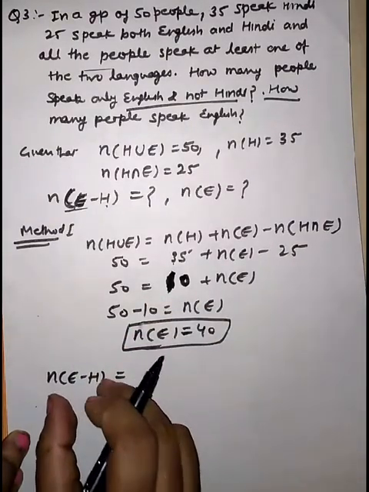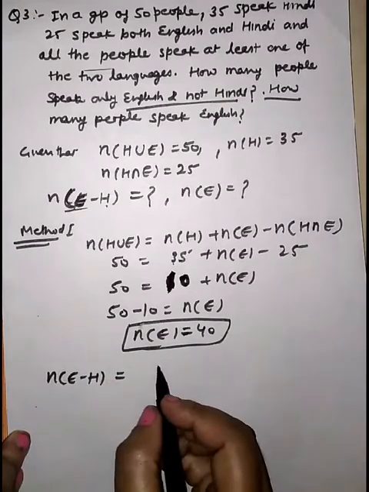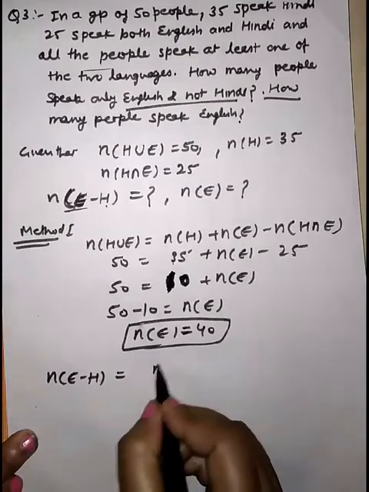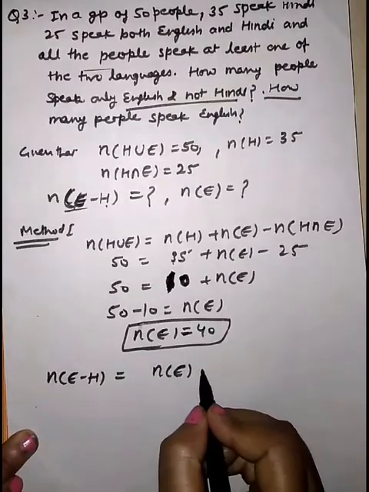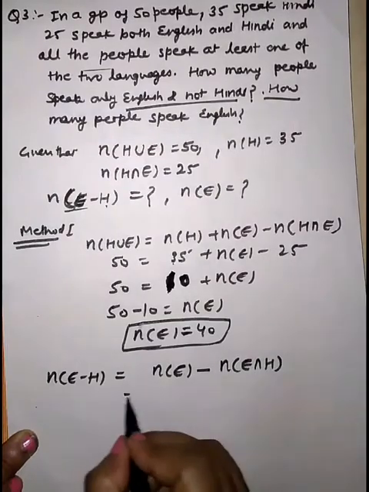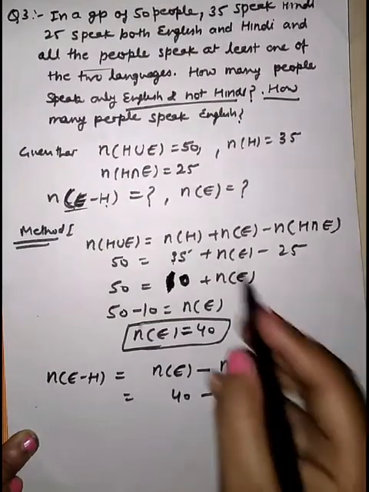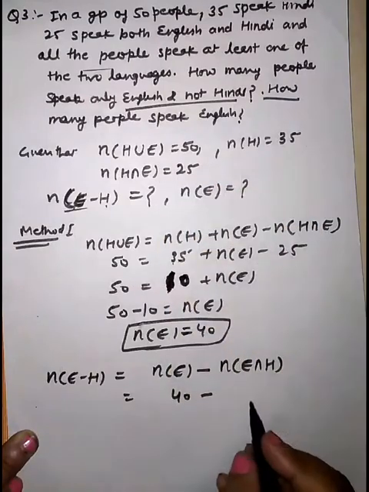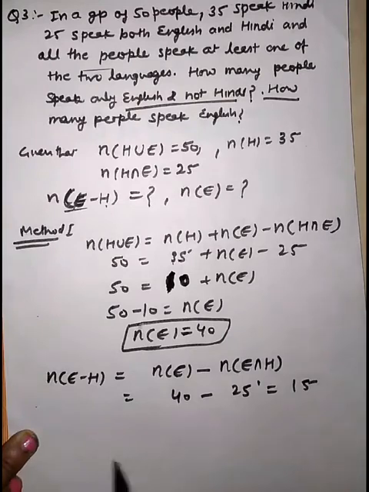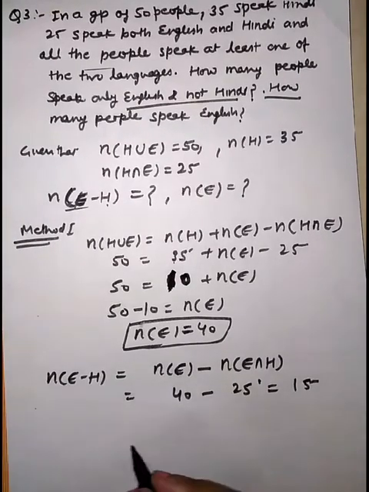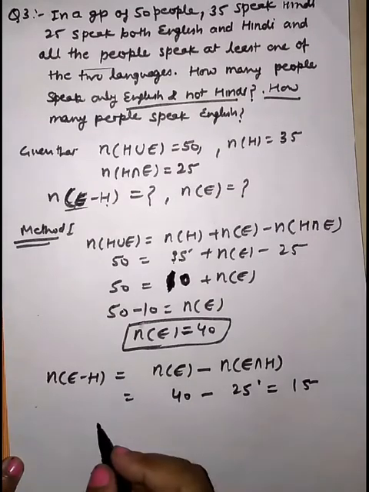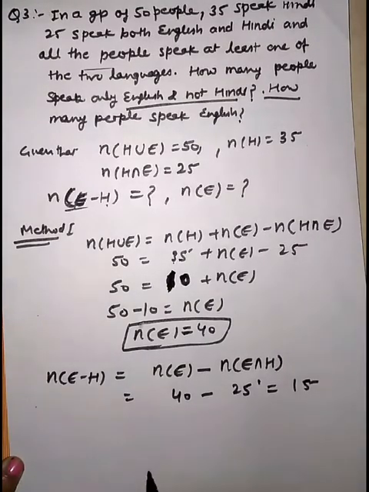You take all the elements of n(E) and minus n(E intersection H). n(E) is 40 and n(E intersection H) is 25. So this value comes to 15. So people who speak only English, not Hindi, are 15.